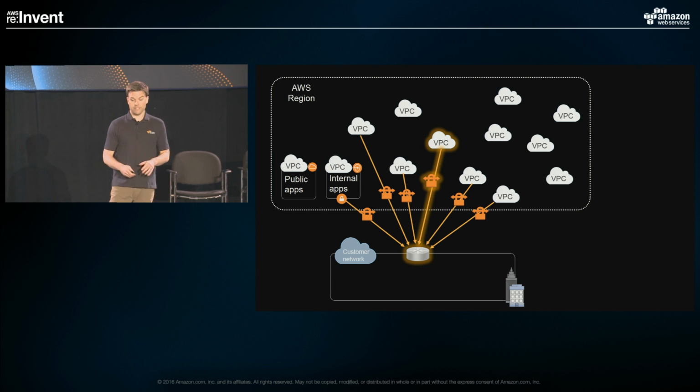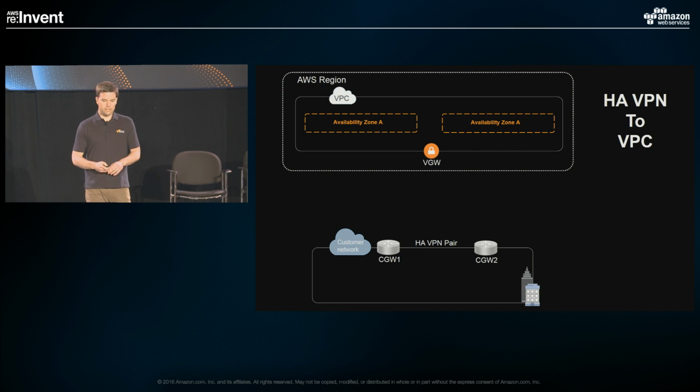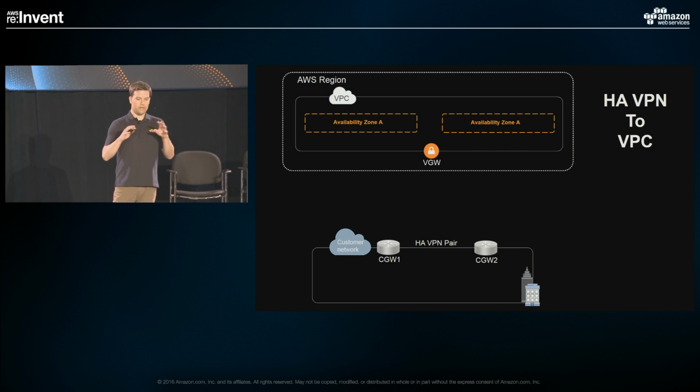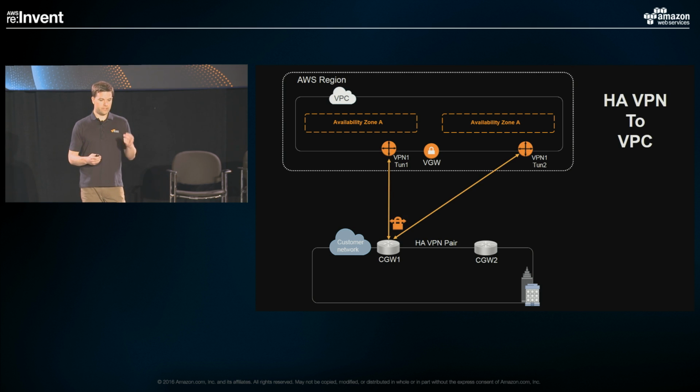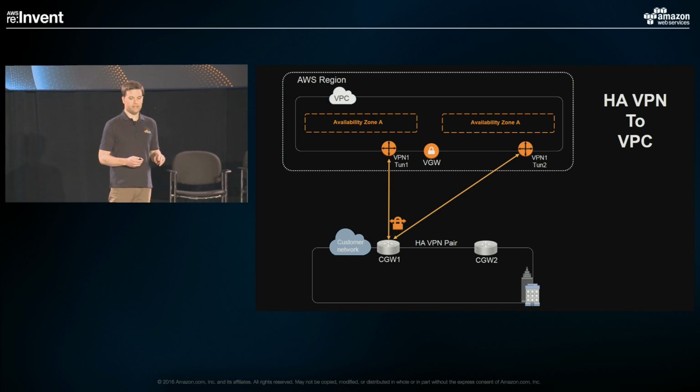So to emphasize just what's involved in just one of these VPN connections, let's zoom in on one of these and see what a real HA VPN to VPC connectivity looks like. Every time you create a VPN connection to a VPC, it's 2 tunnels. So that's the redundancy on our end.